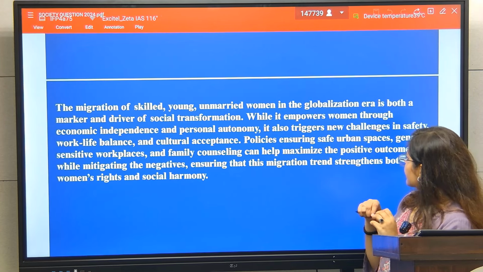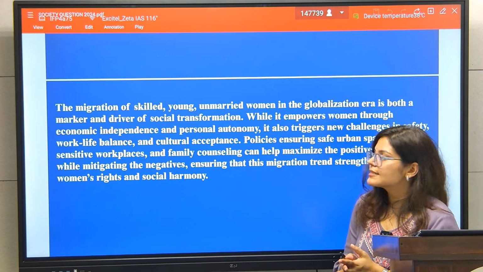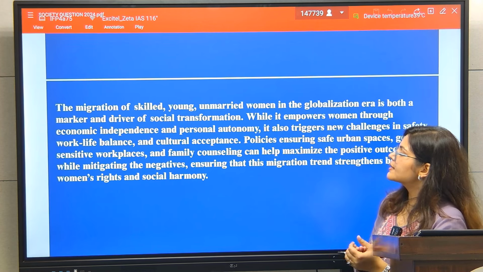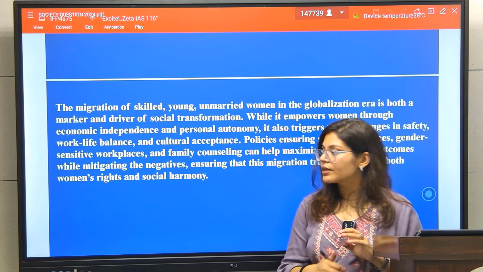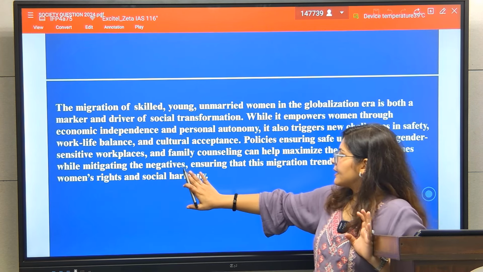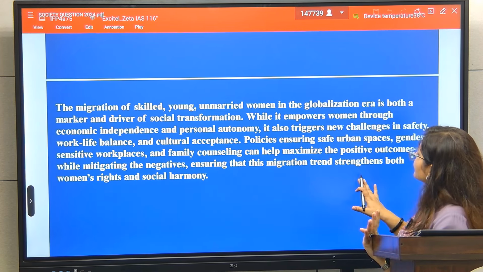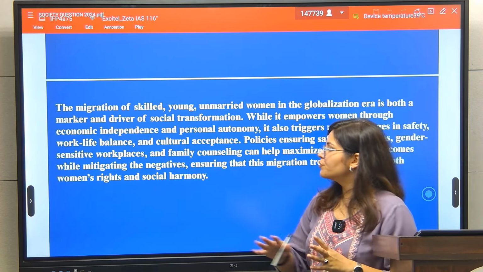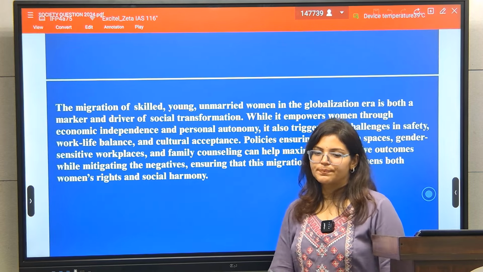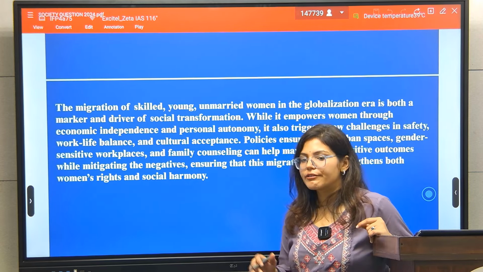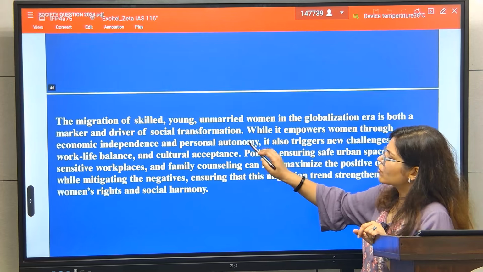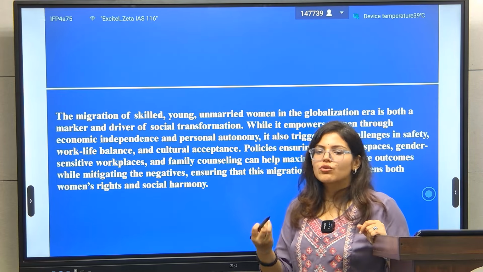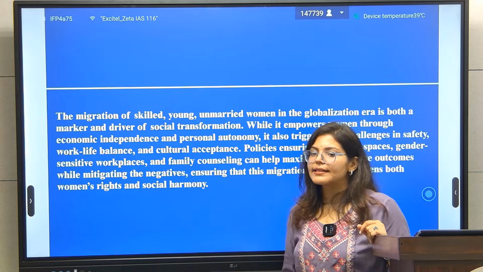Policy ensuring safe urban space, gender sensitive workplaces and family counseling can help maximize the positive outcome while mitigating the negative, ensuring that this migration trend strengthens both women's rights and social harmony. So in this way you give the inference or significance, and if space is left then you can also write some solution for the negative impact that you have written.